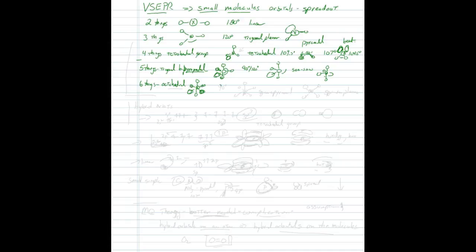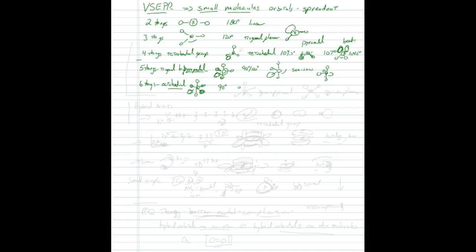These are 90 degrees totally, all the way around. With octahedral, you can have a couple of lone pairs on this. SF6 would be one compound like that.